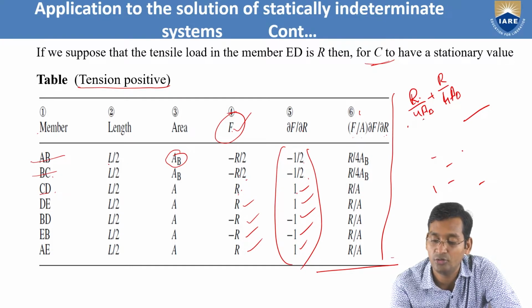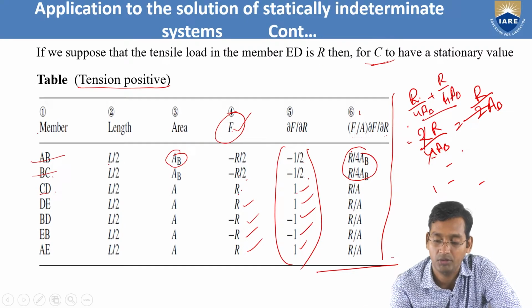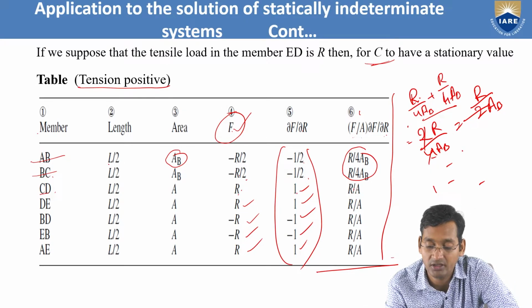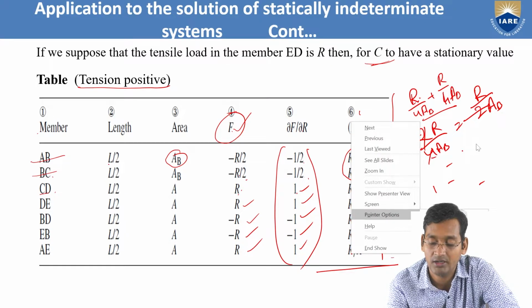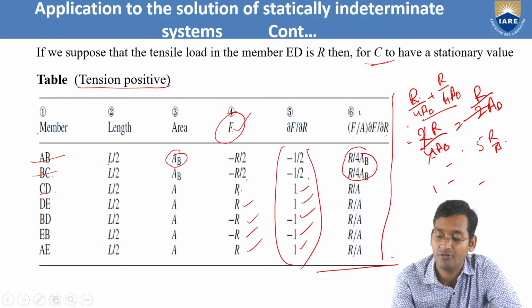The denominator is the same, so this will give you 2R by 4AB. This 2 gets cancelled, so R by 2AB. So these two we got R by 2AB, plus how many R's are there? 1, 2, 3, 4, 5. So simply we can write directly 5R by A. So after adding, what will we get?